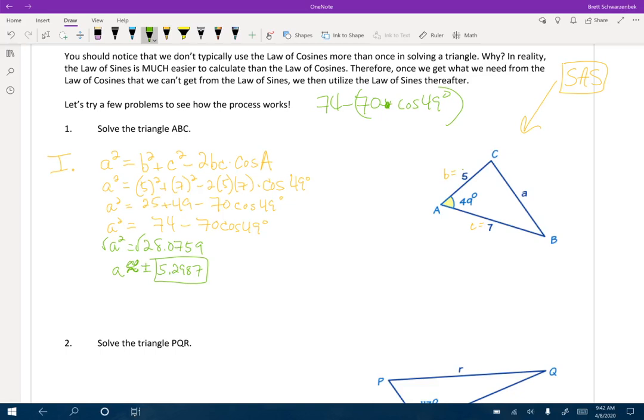Note, if you want to be extremely accurate, you can do this instead. You can do a is equal to the square root, technically plus or minus, of 74 minus 70 cosine 49 in your calculator. So you could do this entire thing, making sure there are parentheses here, as one calculation and get the most accurate answer humanly possible.